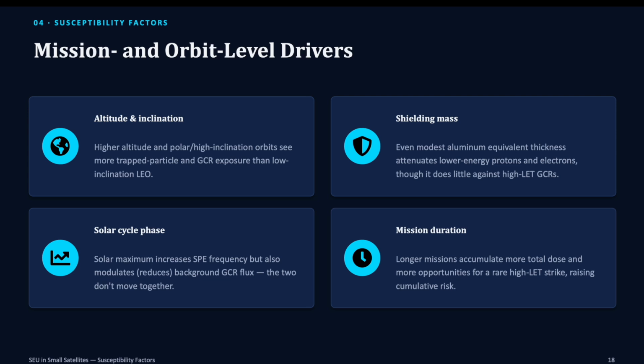And for mission duration, the longer missions accumulate more total dose and more opportunities for a rare high linear energy transfer strike, which raises the cumulative risk. The solar max cuts two ways in terms of the solar cycle phases. There are more solar particle events, but then also less galactic cosmic ray background.